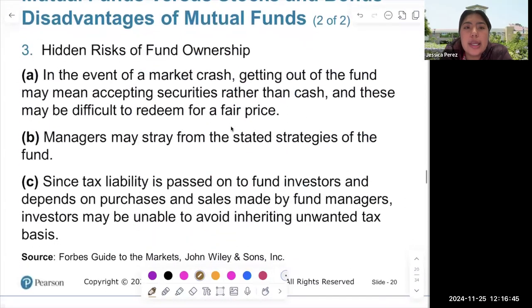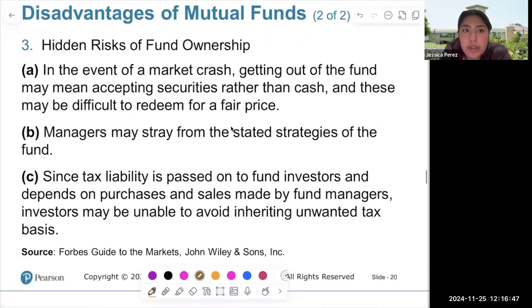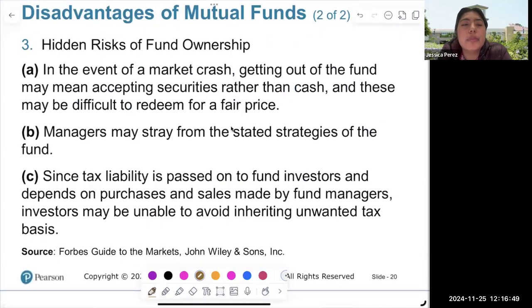There also exists hidden risk of fund ownership. So when you have a fund, in the event that, let's say, the market crashed and you have plenty of funds there, when you're trying to get out to cash, you may end up accepting securities rather than cash. And these can be difficult to redeem for a fair price.